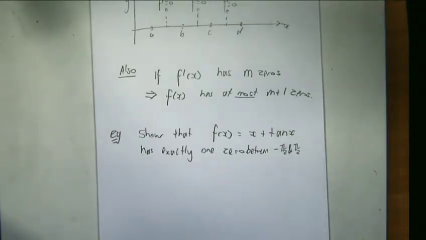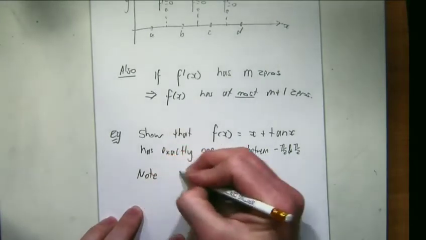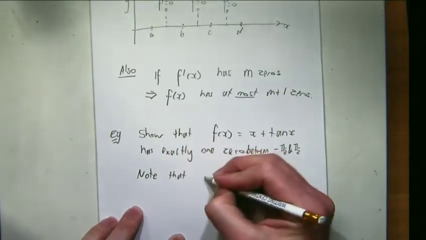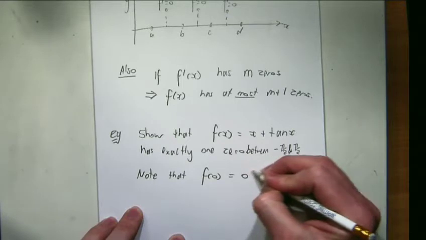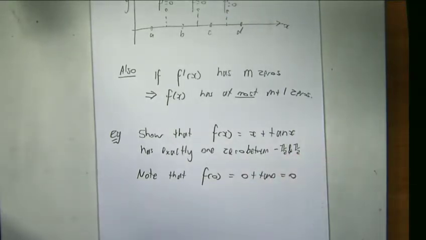But there is this secret thing that you need to know, which is if you happen to think of a 0 just off the top of your head, then there is one, right? So note that f of 0 is 0 plus tan 0, which is 0. So it does have at least one 0 because I found one.